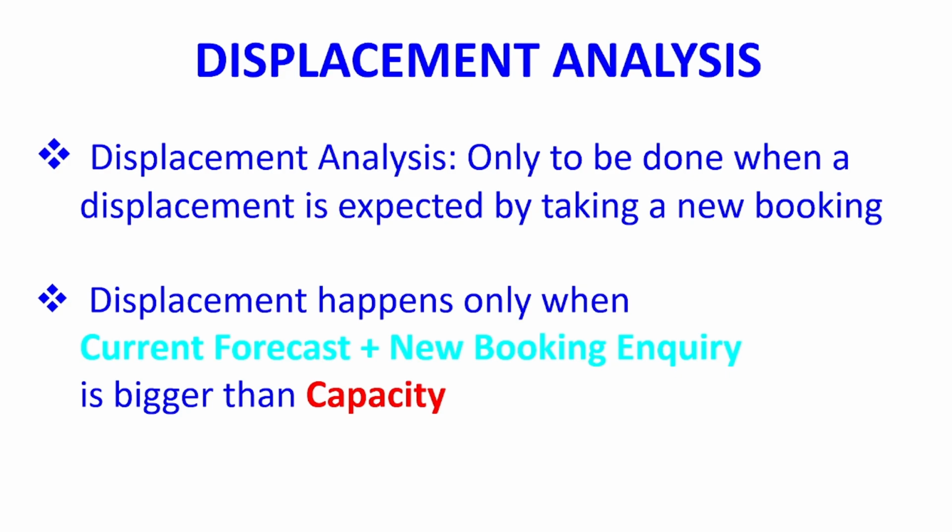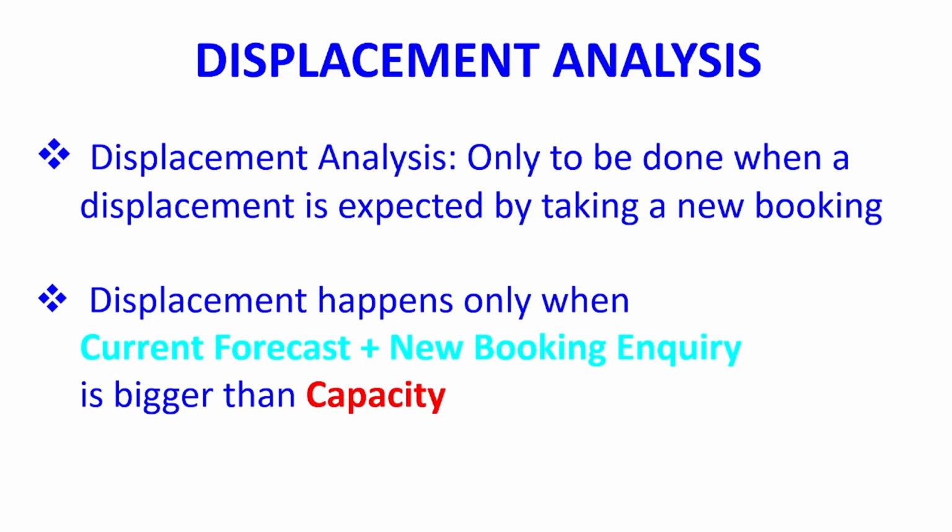For example, our current forecast is 80% and the new booking inquiry gives us 40%, so in total it is 120%. Physically, it is impossible to take 120% occupancy, and we need to give up 20% of the business, which is called displacement. When we have to give up a certain portion of the business, we need to execute the displacement analysis.